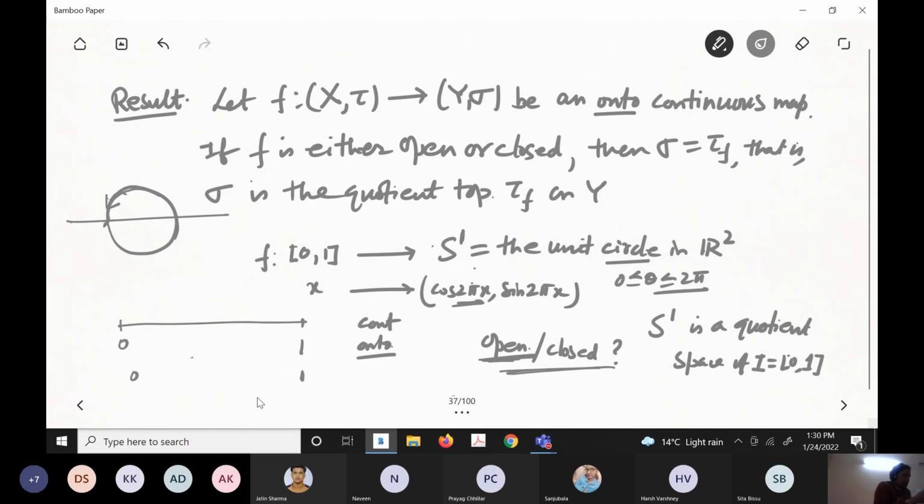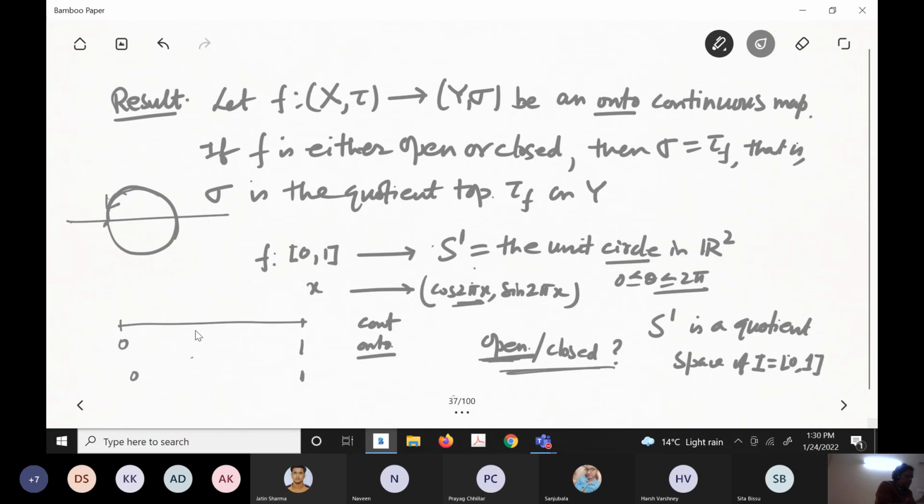Otherwise, it is one to one. Visually you can see whether it will be an open set or not, or a closed set or not. You should think about it; I will come to that later on.